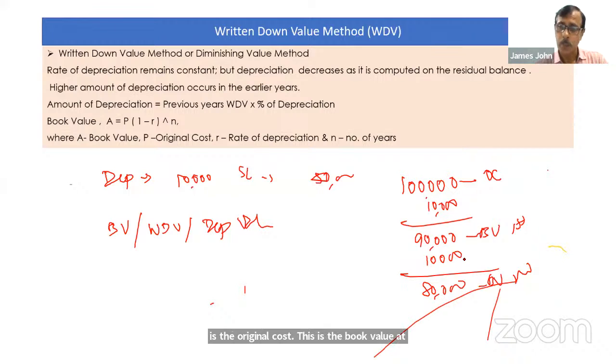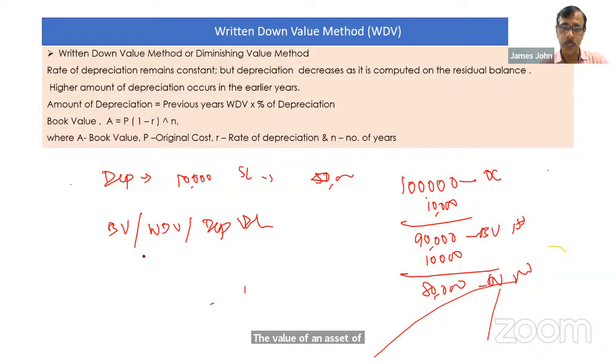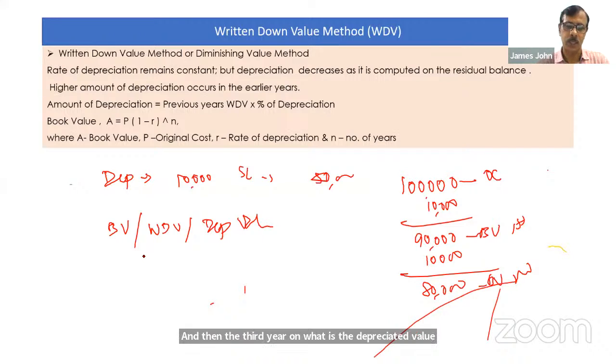So remember, book value or depreciated value or written down value of an asset means one and the same thing: the value of an asset after accounting depreciation. That is called depreciated value. They will ask, what is the depreciated value at the end of third year? Or what is the depreciated value at the beginning of fourth year?